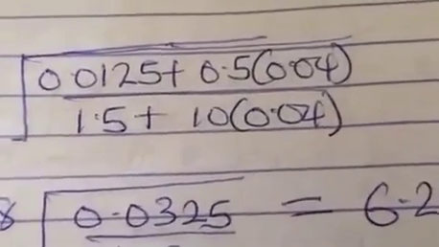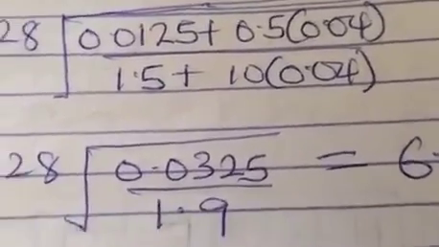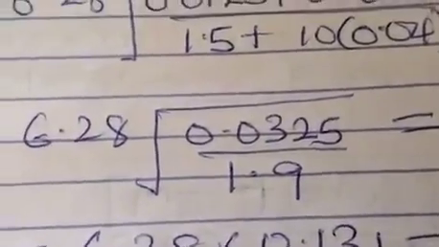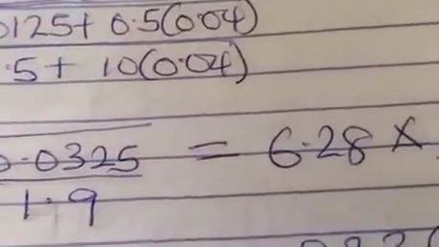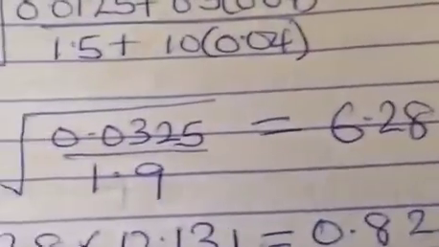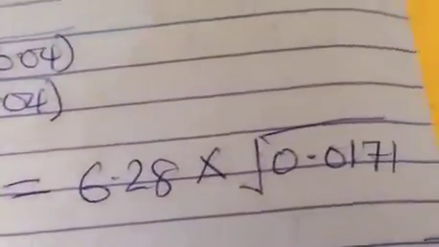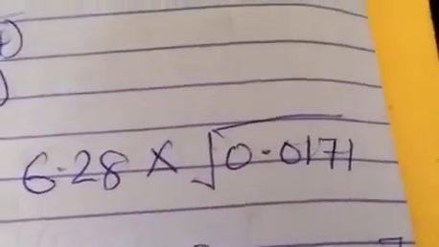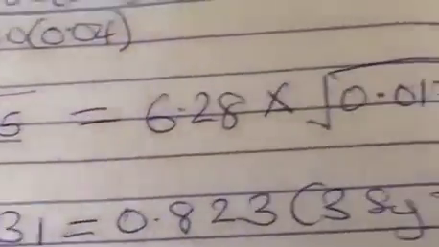When we solve what we have in the square root, the numerator is 0.0325 and the denominator is 1.9. Then divide the numerator by the denominator. 0.0325 by 1.9, you have 0.0171.